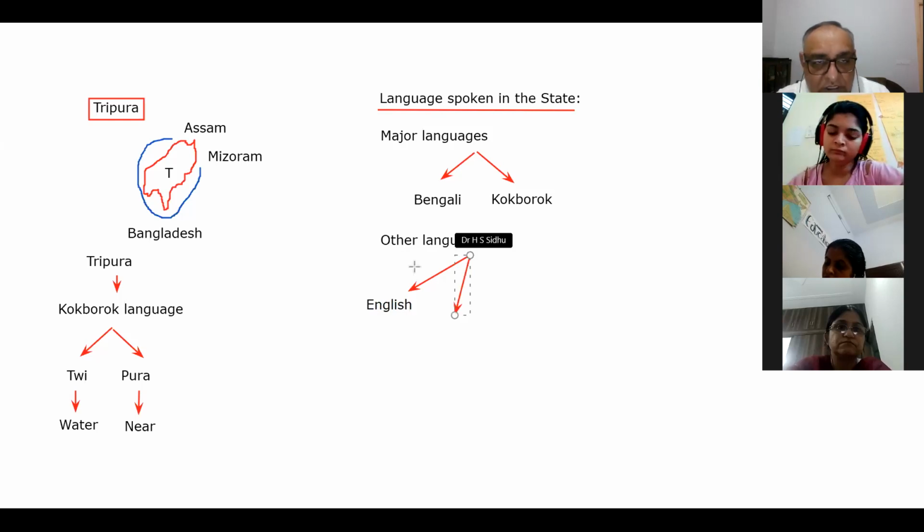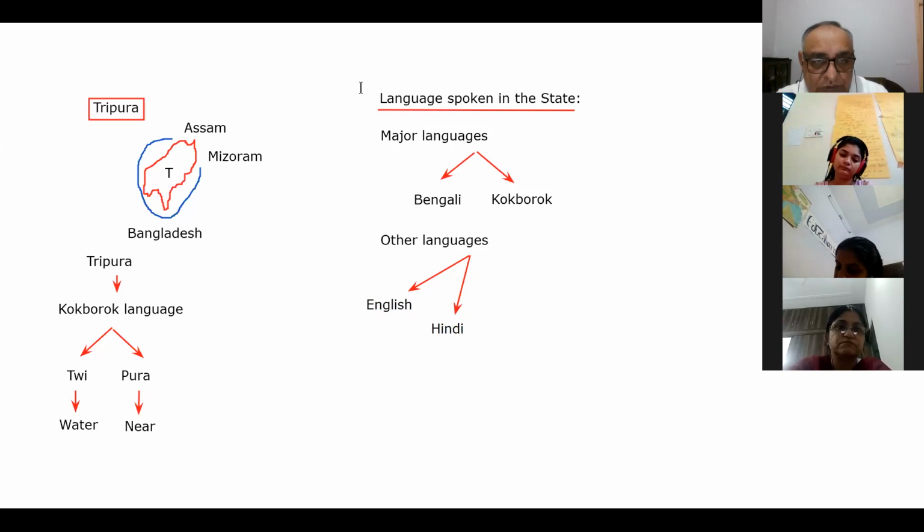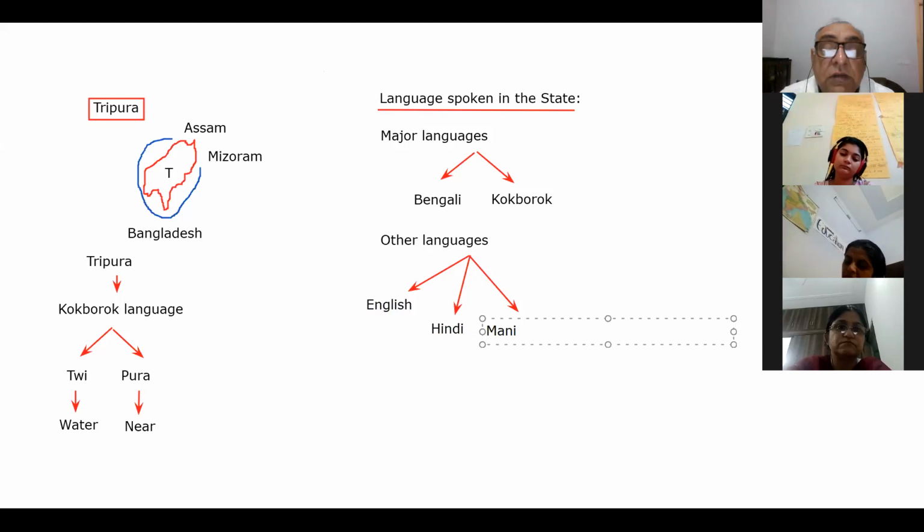And the other language which is spoken here is Hindi. Manipuri is also spoken in the state.